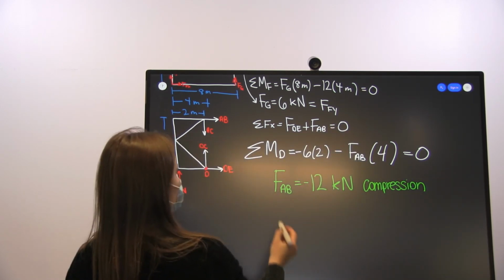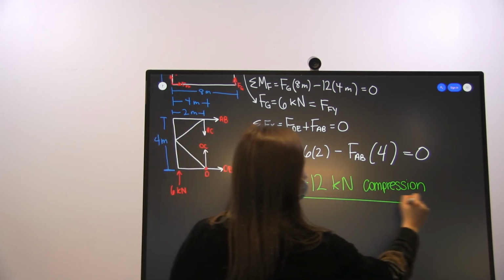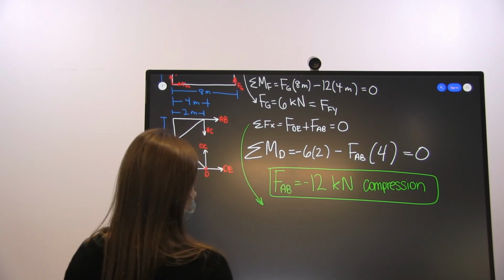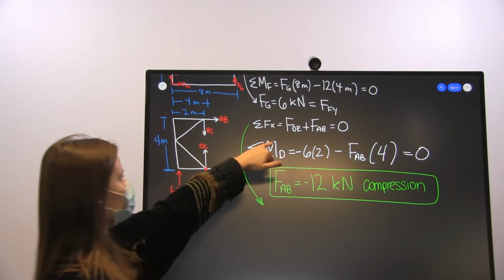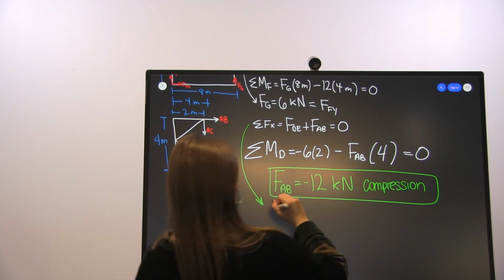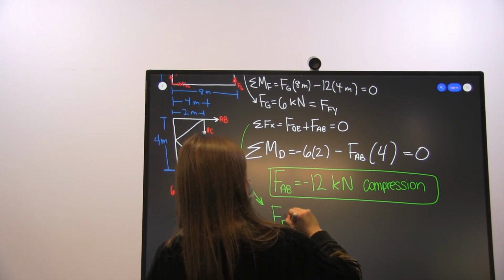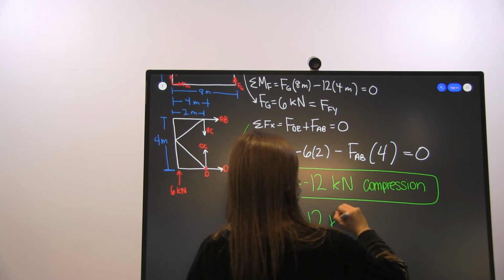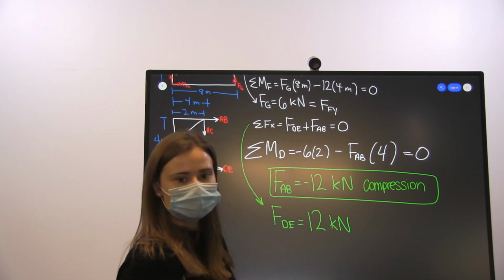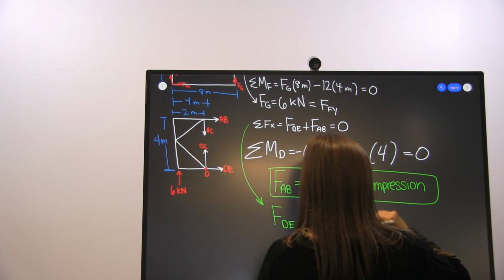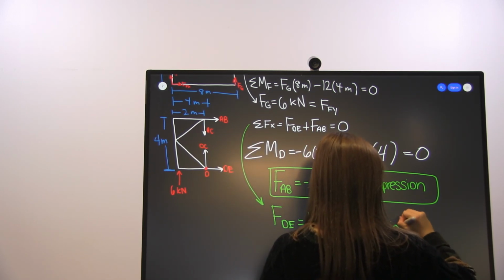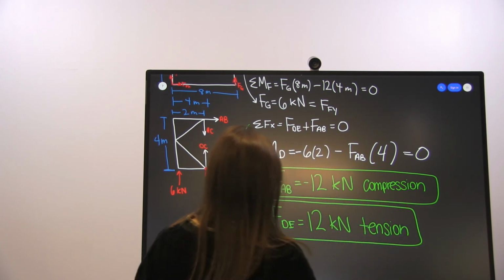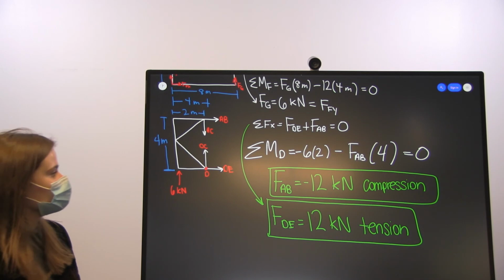And then we can plug our force AB back into the net force equation in the X direction, and that's going to give us force DE is equal to positive 12 kilonewtons, and it's positive, so that's tension. And then those are your final answers. Those are the forces acting through members AB and DE.